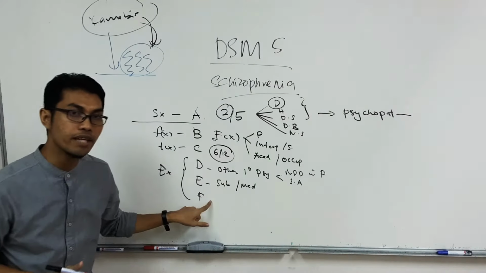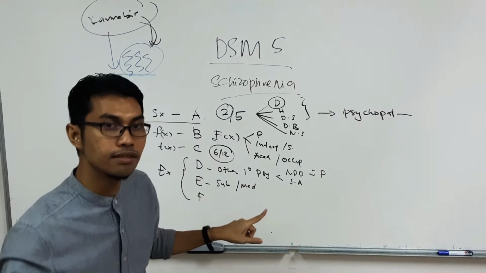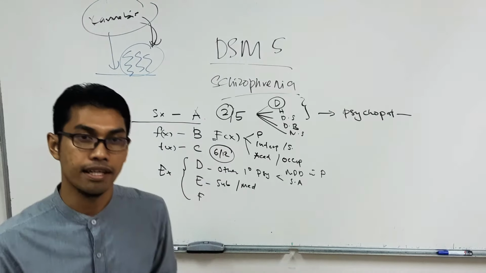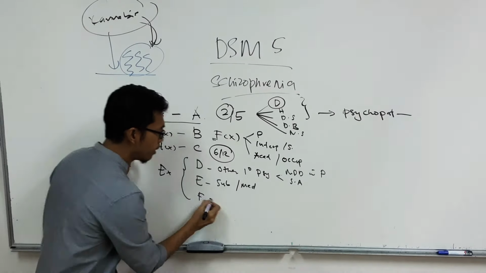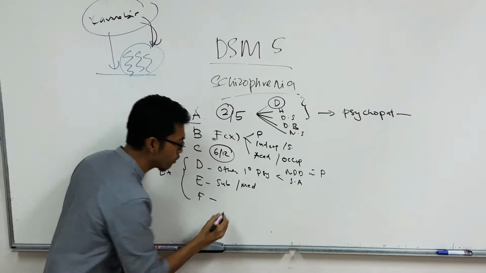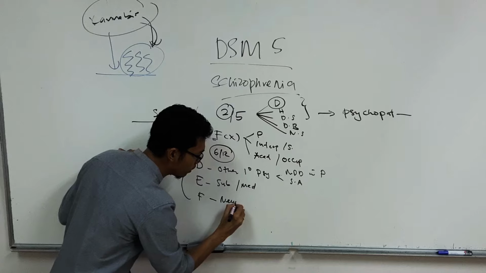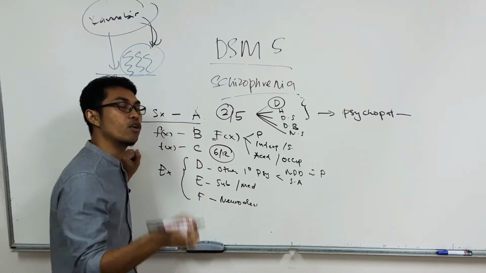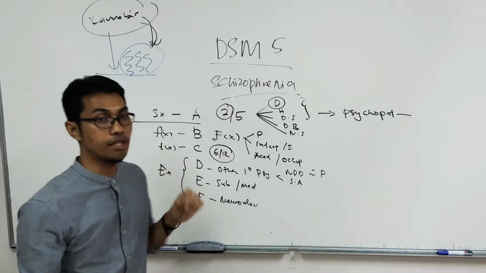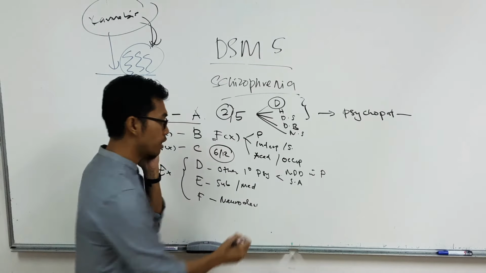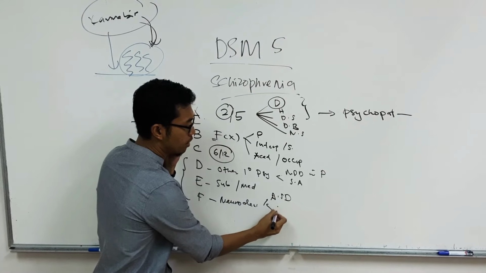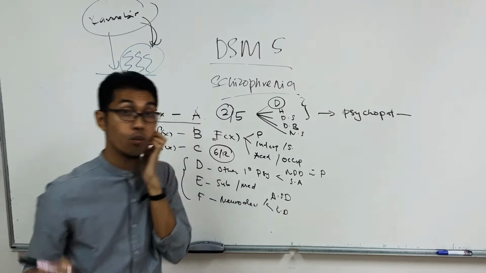Okay, and F is another special exclusion that doesn't normally exist in other diagnostic criteria. So in schizophrenia, you also need to exclude neurodevelopmental disorders that can also mimic psychotic presentation. So in DSM, they give the example of autism spectrum disorder and communication disorder. Why?